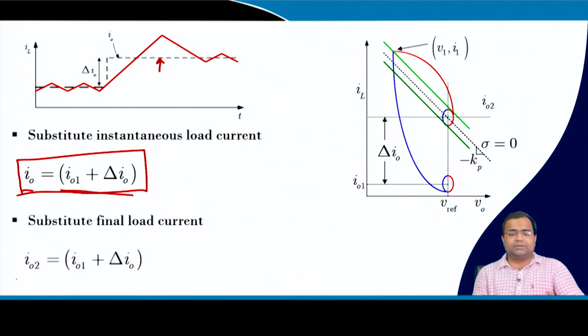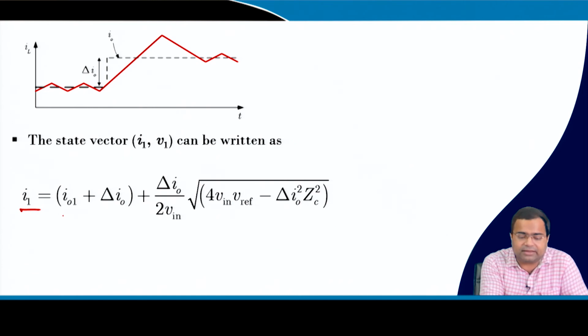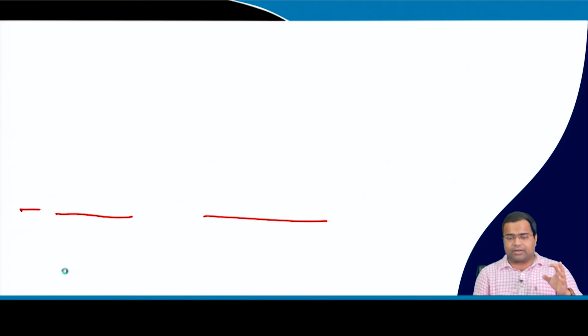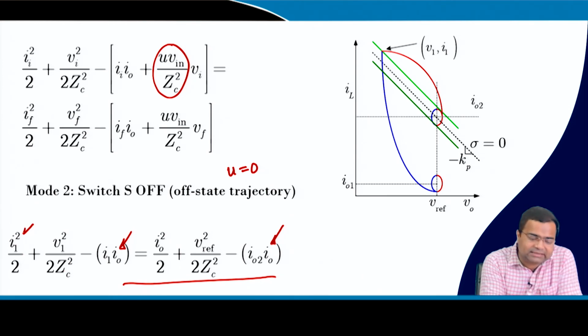If you substitute from that previous equation, you can find out I1 in the form of the final current and V1 in this format. So, this you can check out, because I am not going to derive all the steps, but this can be obtained from the earlier equation that we have written for the off and on state, because for off state I1 is the initial state and I02 is the final state, and V1 is the initial state and Vref is the final state.